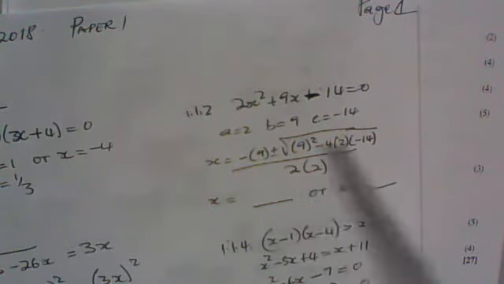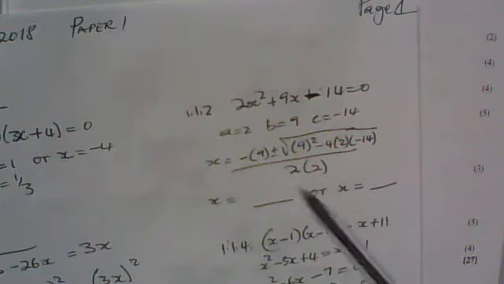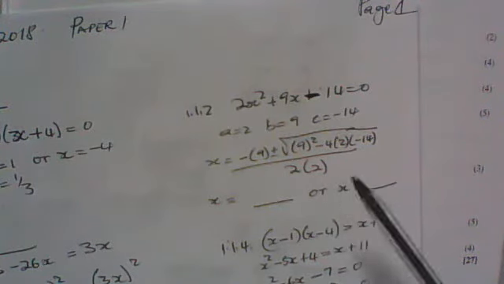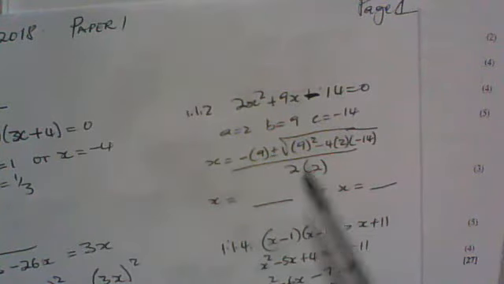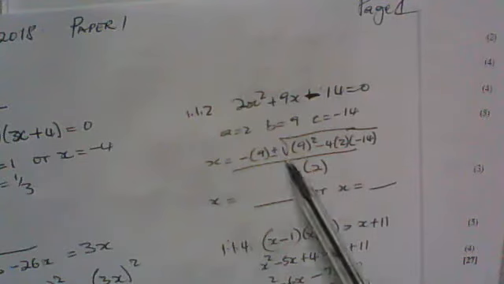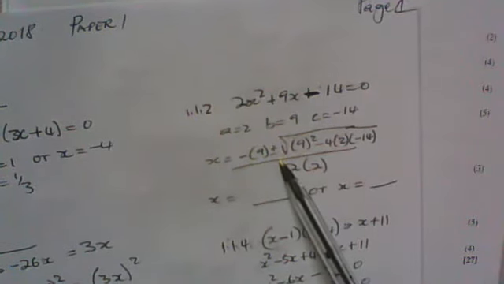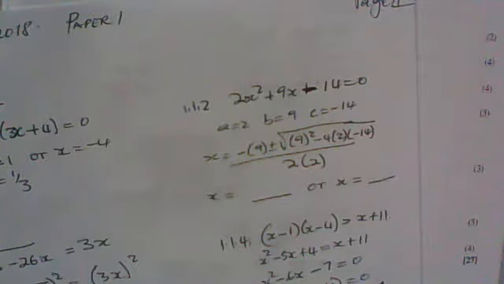Now you put this into your calculator as it is, and then you write the first answer here. The first one will be positive, while for the second one you just delete the positive and put in the negative, and that's it.